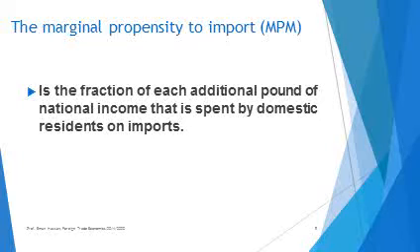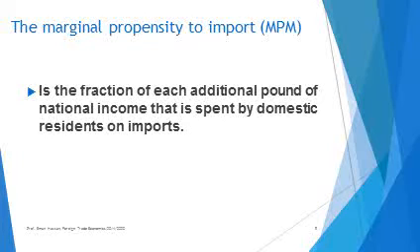In your text, you will find another exercise to find the impact of the change in the MPM. If the change in marginal propensity to import occurs, you have to understand what the marginal propensity to import is.